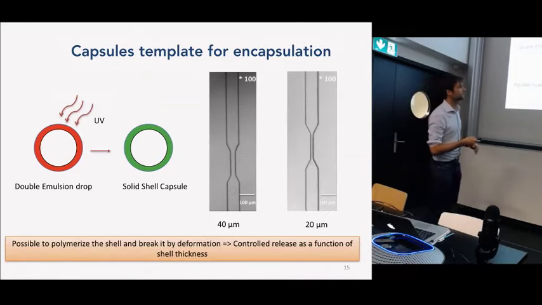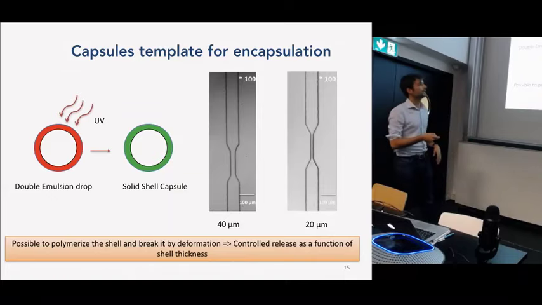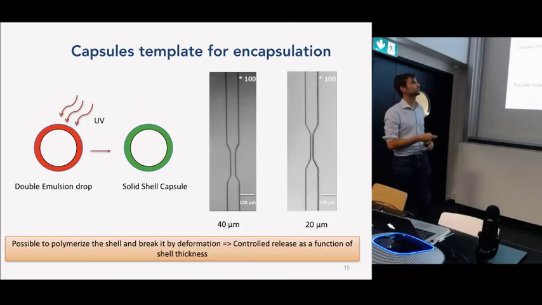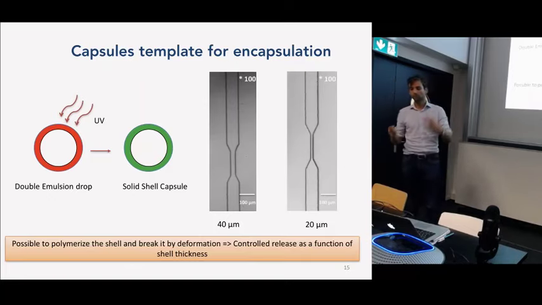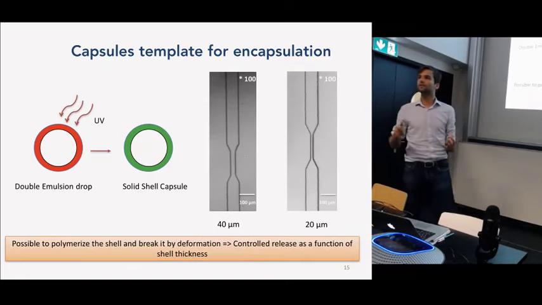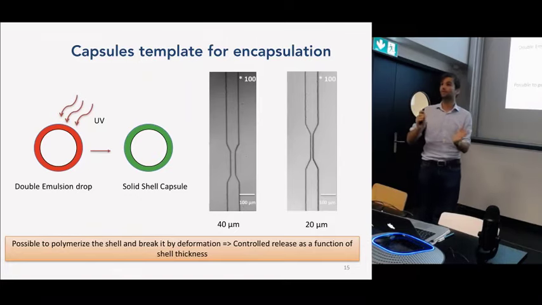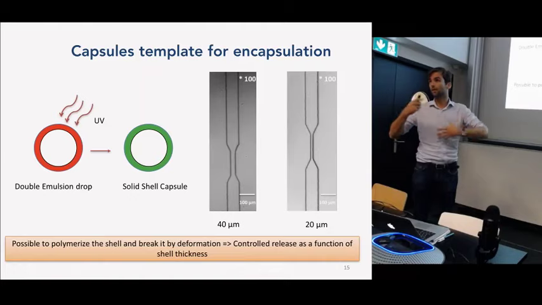It doesn't get broken. And if you look at this one, you have a smaller channel, a smaller constriction, and it breaks. So what would be cool to see is that we could basically tune the deformation that we have to apply for a different shell thickness.